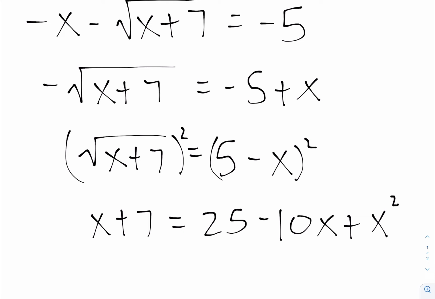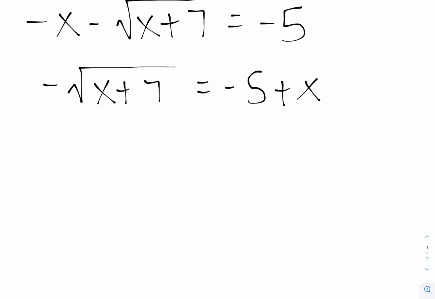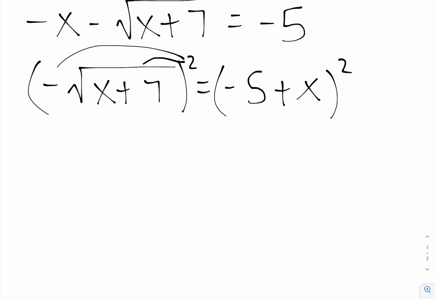So if we didn't divide by negative 1, and let's just say we kept it the way it was, we square on both sides. Actually, I'll square the whole thing. If we take this negative 1 and we square it, we're going to get positive 1, because negative 1 times negative 1 is positive 1. And then we square this radical, and like before, we just get x plus 7.